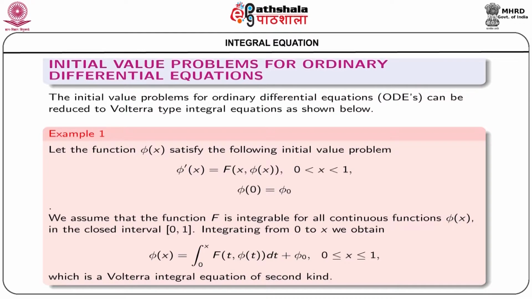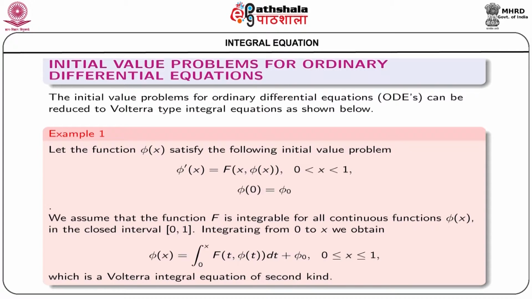We consider example 1. Let the function phi x satisfy the following initial value problem: d phi dx equal to capital F of x phi x, x lying between 0 and 1, and the initial condition phi at x equal to 0 is phi naught.